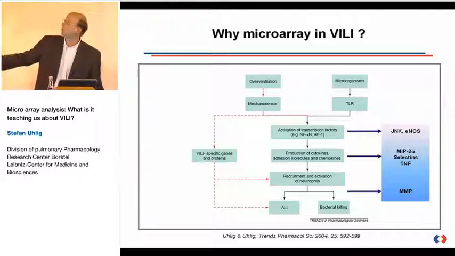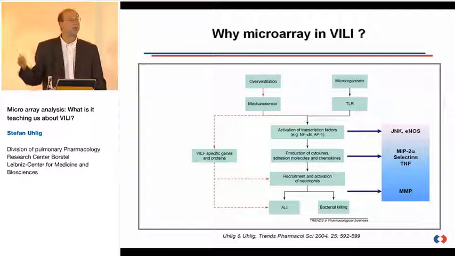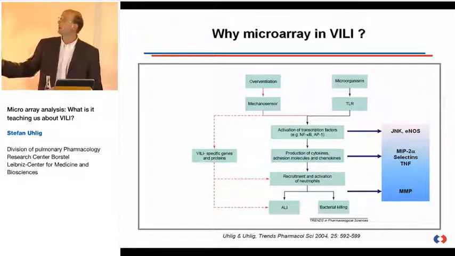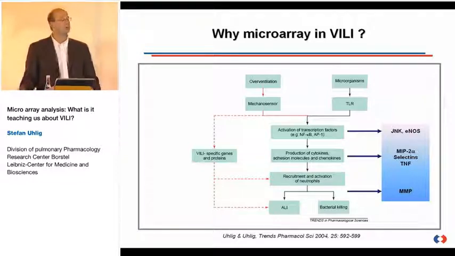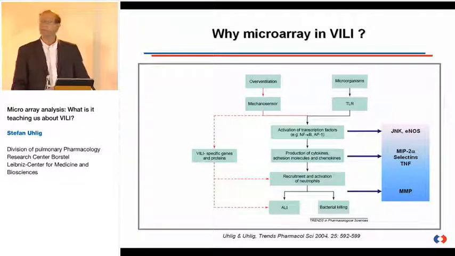So here we have transcription factors like NF-kappa B I talked about yesterday, also AP1. And those that have been particularly shown here is the JNK, for instance, as an example, where it was shown to be involved in ventilator-induced lung injury.